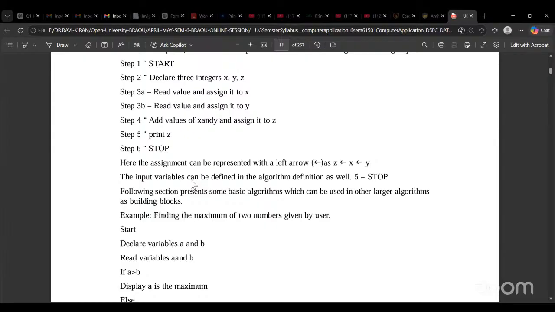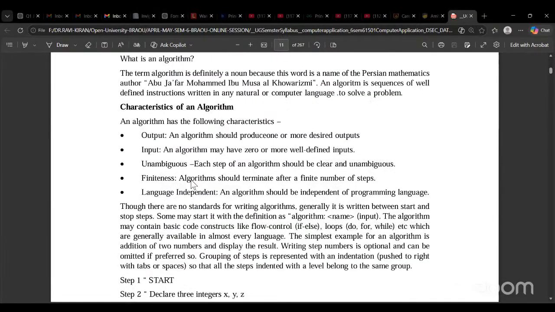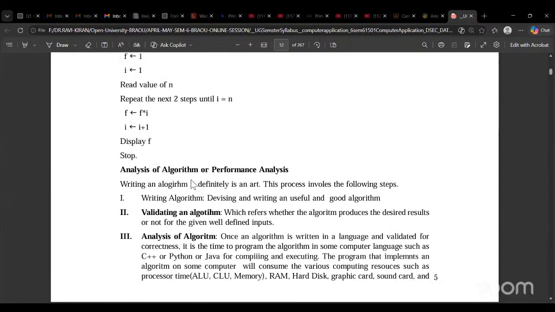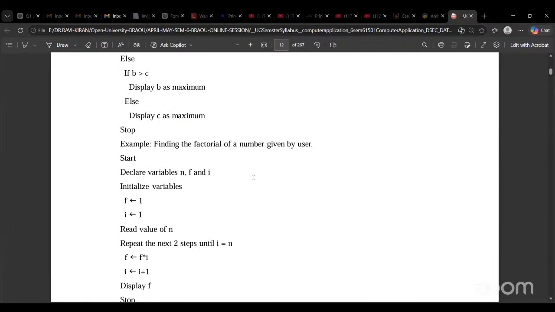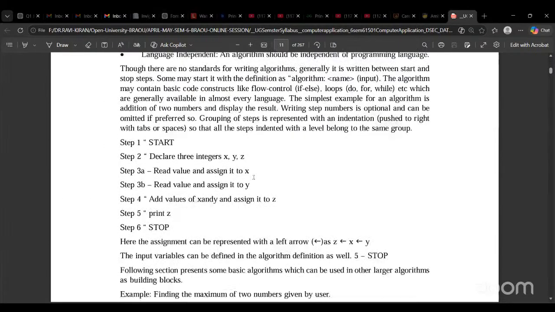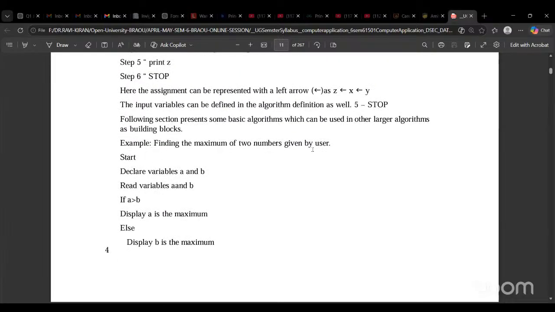The first step is they will start writing. Then the second step is declare the variables. So it is finding the maximum of two numbers given by the user.